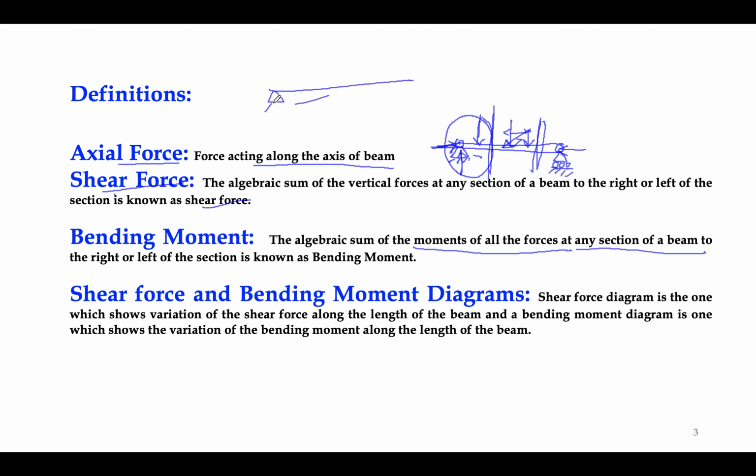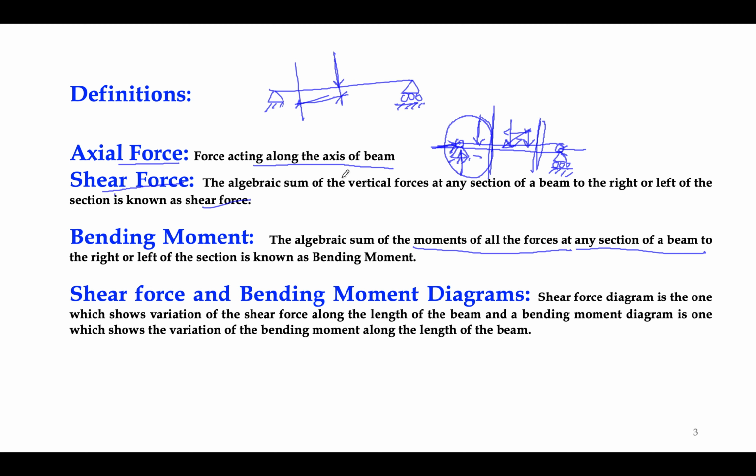Here in this particular beam, some load is acting. We want to calculate the moment at any point. The moment is the algebraic sum of the moments of all the forces at any section of a beam to the left or right of the section. Moment is nothing but this particular load into perpendicular distance. Load into perpendicular distance creates a moment.